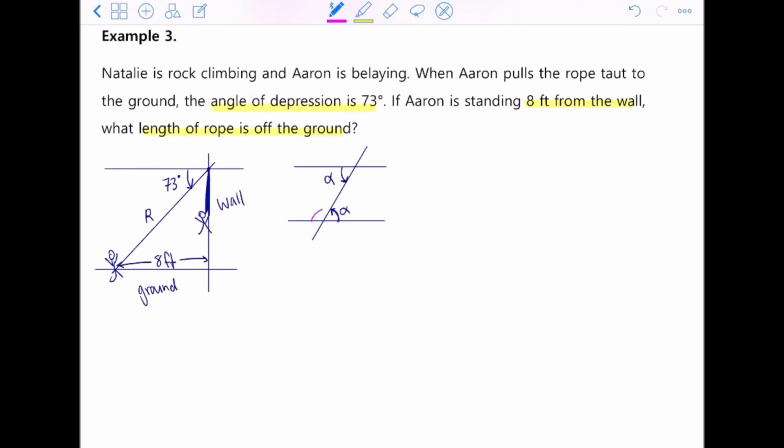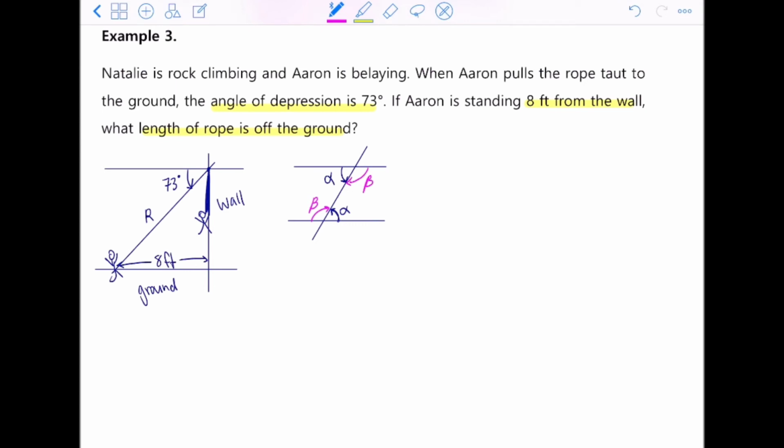Likewise, if this angle over here is beta, then this angle from the other horizontal will also equal beta. This is true for all parallel lines with a straight line crossing them.